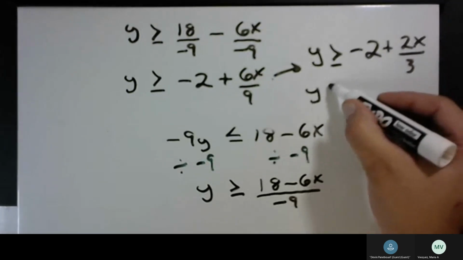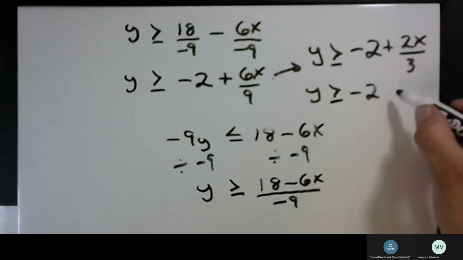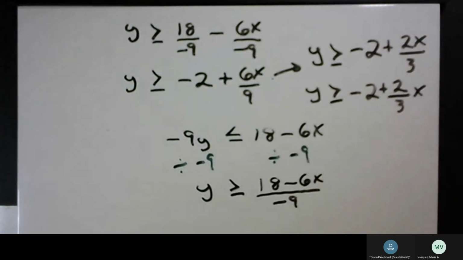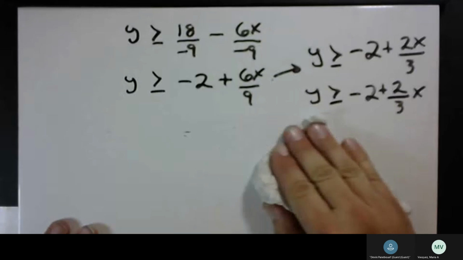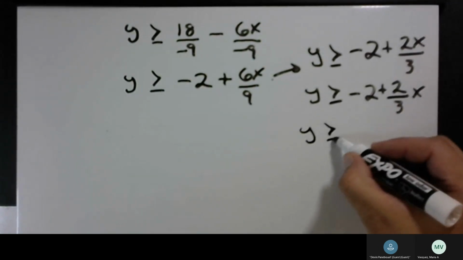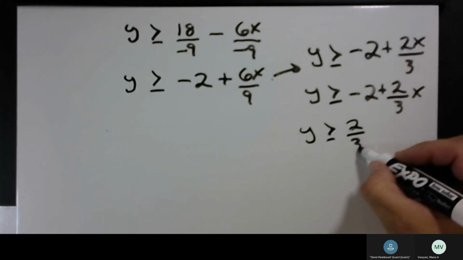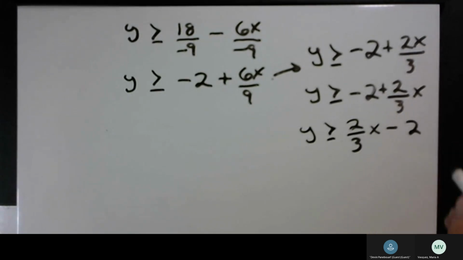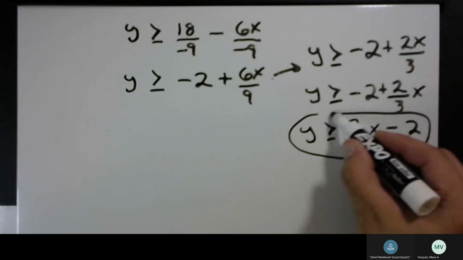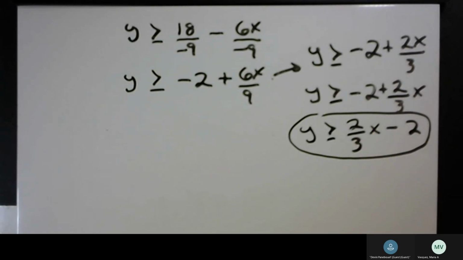And then what we typically do is we rewrite this as -2 plus 2 over 3x. I'm just going to switch the order here so it's more in that y is mx plus b form. So when we solve for y, we're going to get this. So any questions about that?